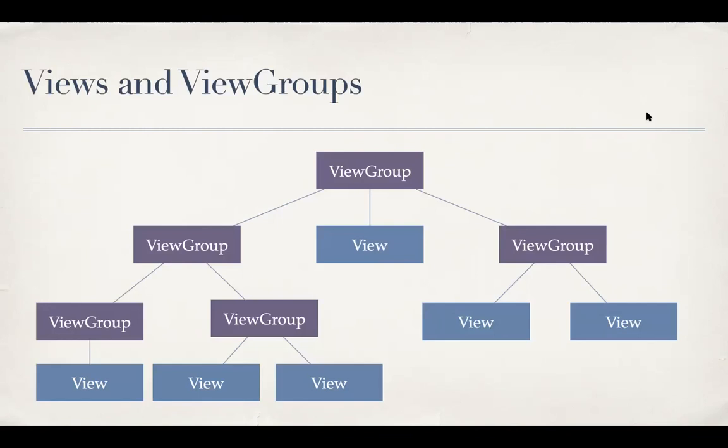So view groups, they translate to the layouts. And as you can see from this hierarchical picture, they can have children, which themselves can be view groups or views. And views then can be things like the buttons or edit text box or any of those individual widgets that the user interacts with. Okay.